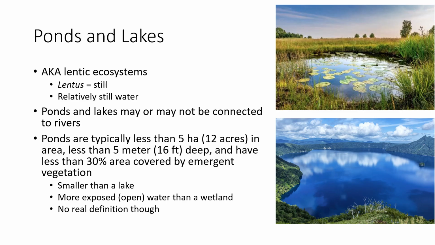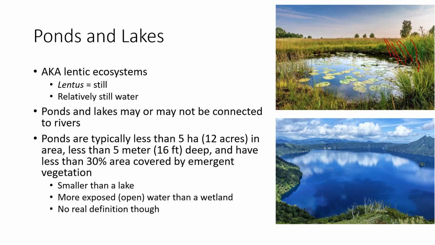To differentiate between ponds and lakes, ponds are usually less than 5 hectares or 12 acres in area, so still can be relatively large, much bigger than the picture on the top right, and less than 5 meters deep, so shallow, and have less than 30% area covered by emergent vegetation, meaning this vegetation that emerges from the lake surface or the pond surface.